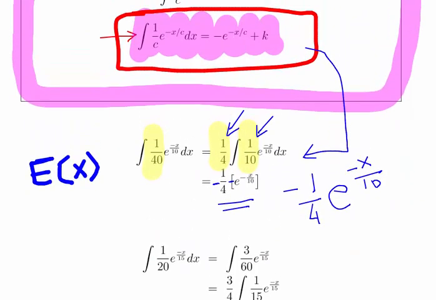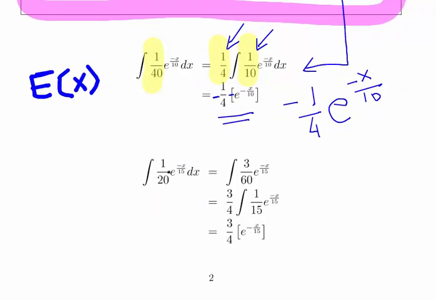And likewise, the second component was 1 over 20, so I'm going to express that as 3 over 60, and split that up again as 3 over 4 times 1 over 15. And again, I have the minus sign out here. Sorry, I dropped the minus sign there.